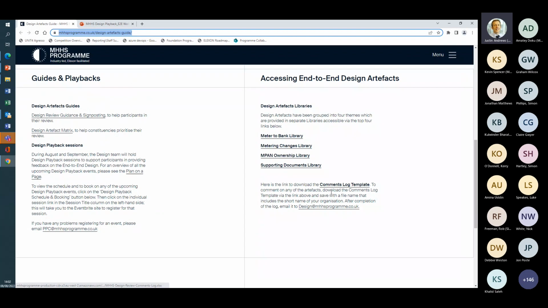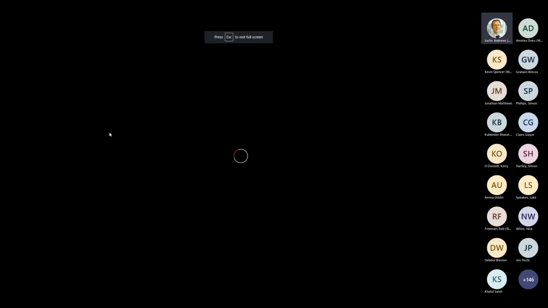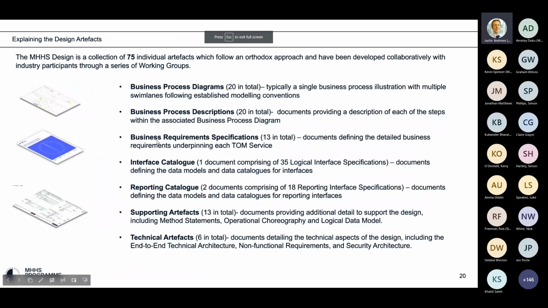We've got the comments log template there, and also the plan for the design playback sessions which are attending today. I think a communication has gone out to the members of the industry working groups, and I understand a wider communication will be going out to industry. Let's see what the next slide is.